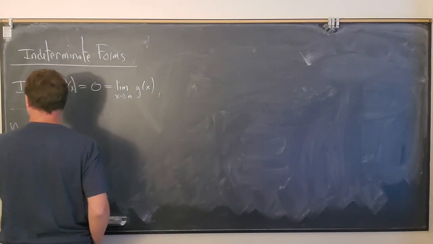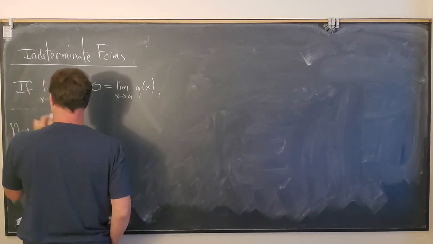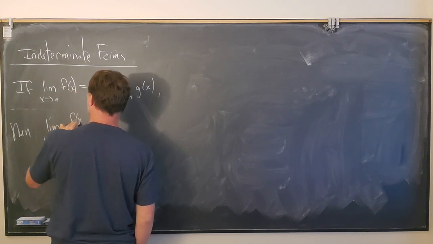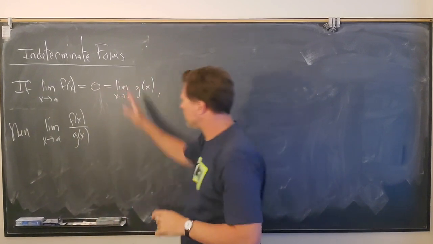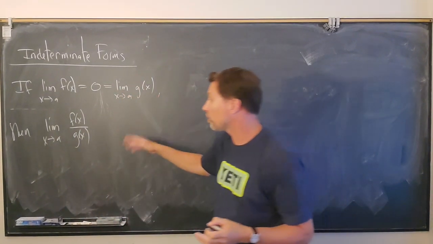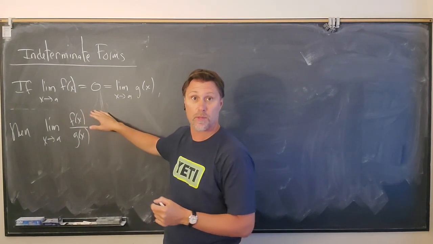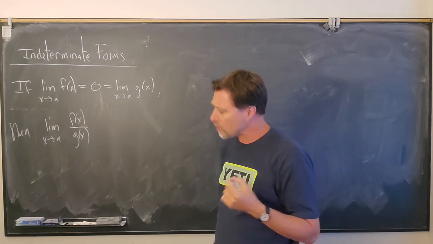Then when we look at the limit as x approaches a of the fraction f of x over g of x, we don't say that this limit is equal to 0 over 0, although if you computed each of the limits individually, to compute the limit at the top and the bottom individually, what you'd get is 0 over 0. We don't say it's equal to 0 over 0.